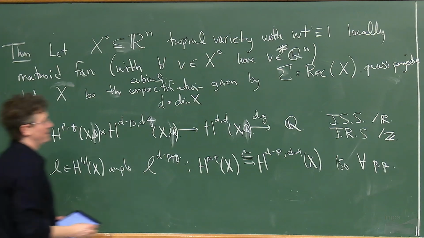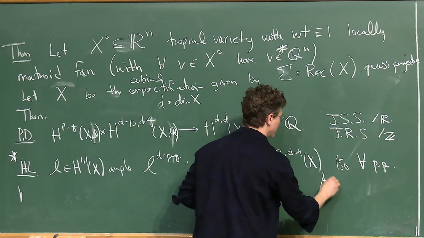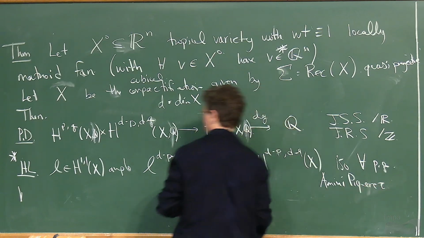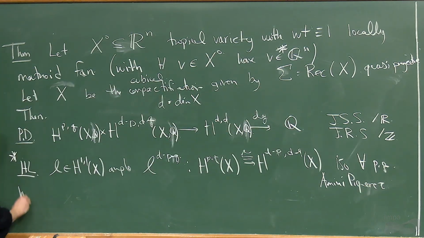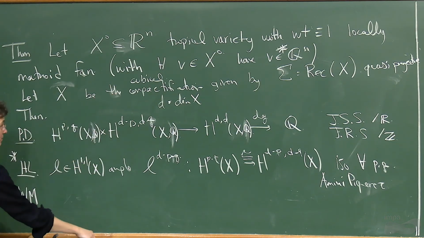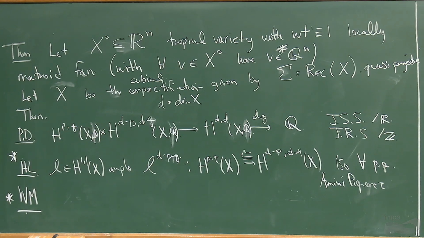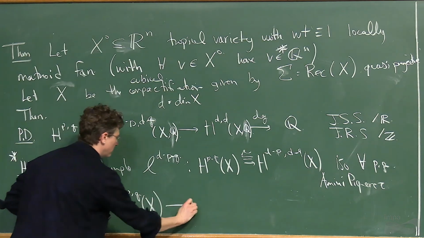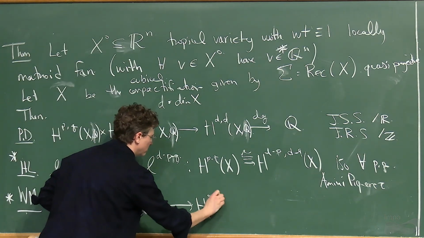Oh, and I should say, this is due to Amini and Piquerez. There's another property also where I require this Q assumption. And that's going to give us an isomorphism between H^{P,Q} and H^{Q,P}.